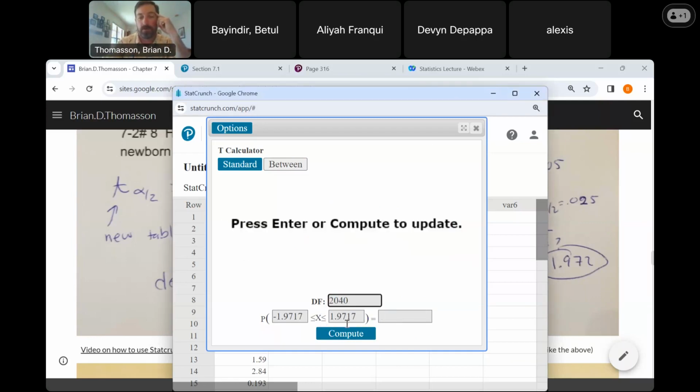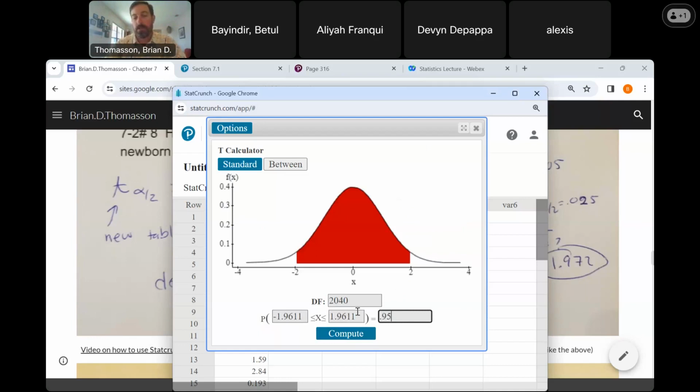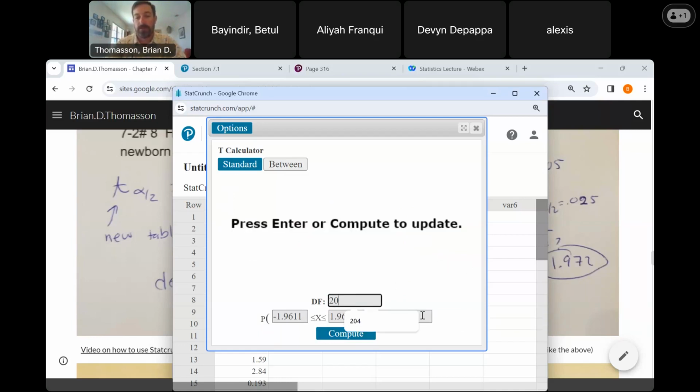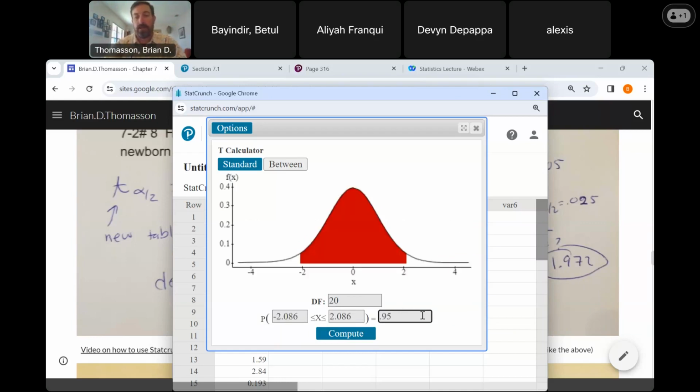So say if we had 2040 degrees of freedom and 95%, that's going to get very close to 1.96. But if we had 20 degrees of freedom, that's over 2. Okay, so it depends. That shows you how much it's sat on just based on the sample size or degrees of freedom. So it does change in the t distribution.